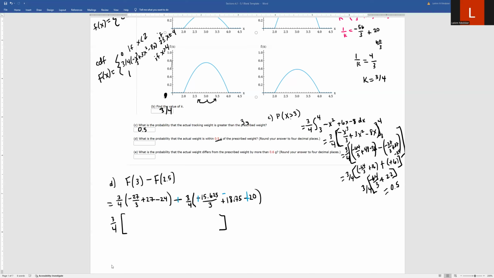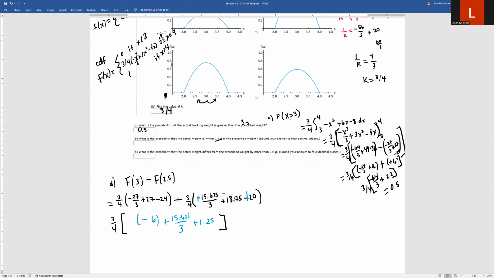I would probably go ahead and reduce that. So that's 27 and a negative 24 and a negative 9 in that first parentheses. That's going to come out to negative 6. And then again, we pulled the 3/4 to the front. We're going to have this positive 15.625 over 3. And then we have these two that we need to add together in that second parentheses. That's 20 minus 18.75. That's 1.25.